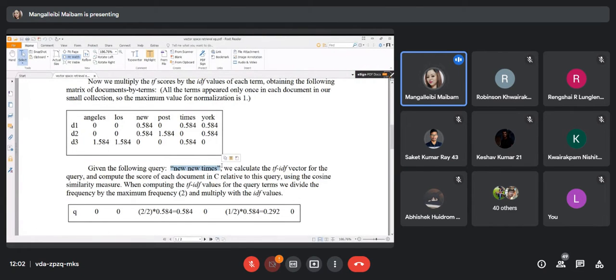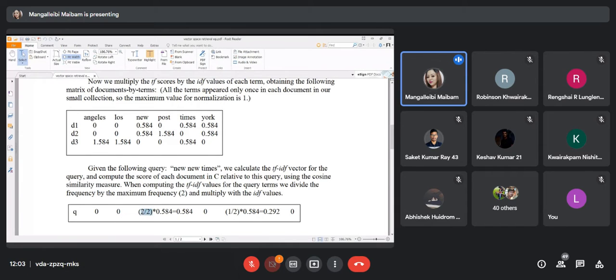Even for the following query, new times, we have calculated the TF-IDF. But when computing the TF-IDF, it is only for the query terms. We divide the frequency by the maximum frequency and multiply with the IDF values.